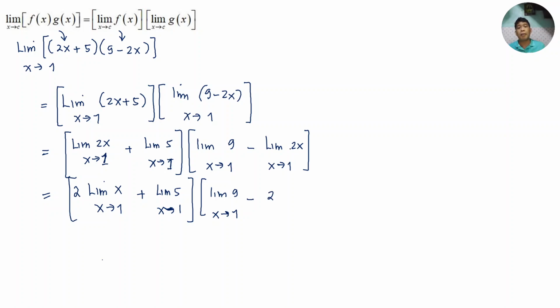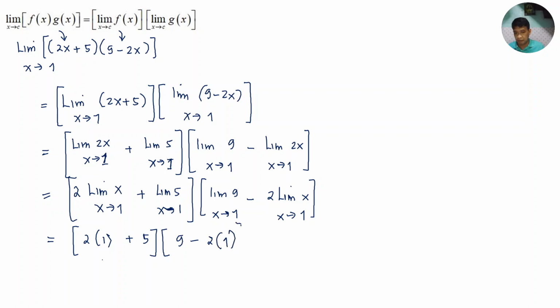So, since merong constant doon, ilalabas din siya: limit of x as x approaches 1. Then, apply na natin theorem number 2. So, this is 2 times 1 plus 5, multiplied by 9 minus 2 times 1.